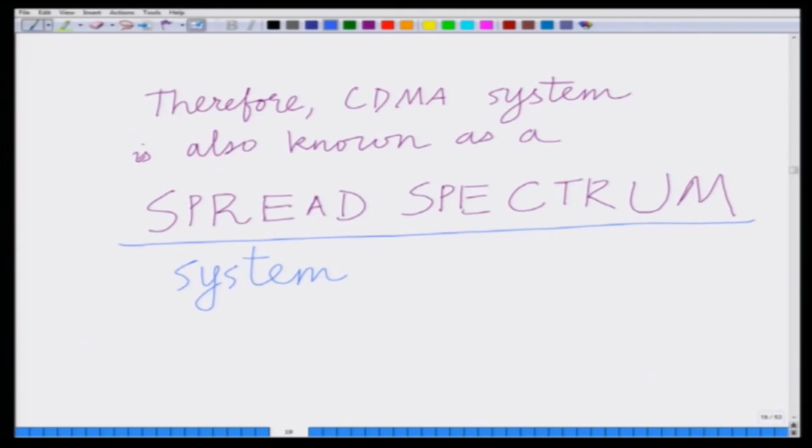In general, if n is the length of the code, the bandwidth of the original signal is spread by a factor of n. So, code length is n.